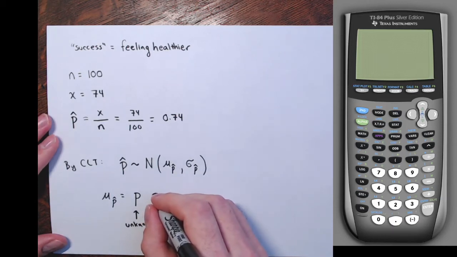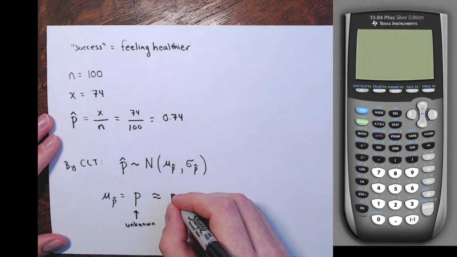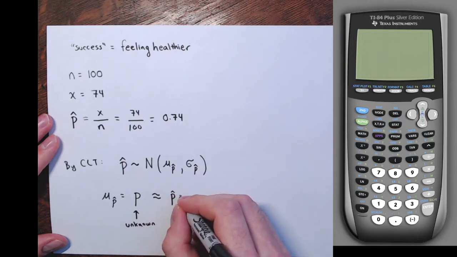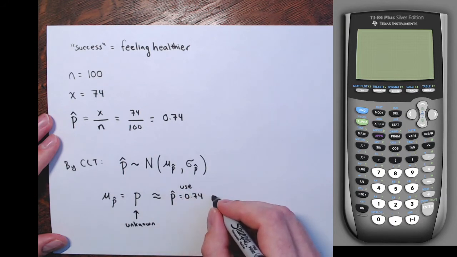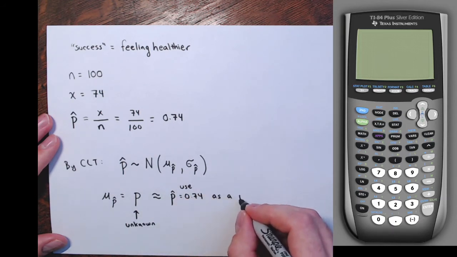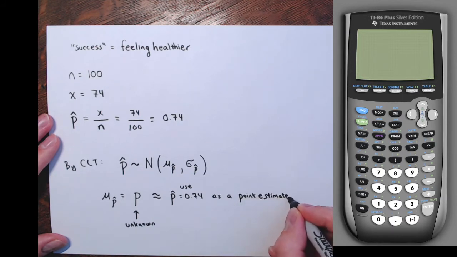So we're going to start approximating this. This is approximately our p hat here, our 0.74. And I'm going to use this as a point estimate of p, our first initial guess as to what the population proportion is.